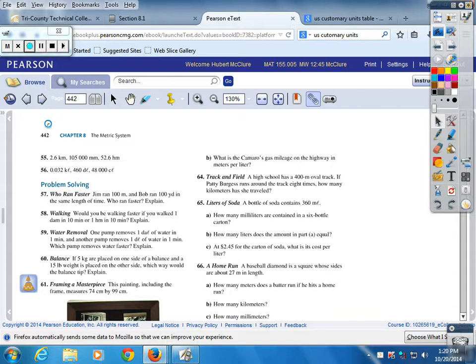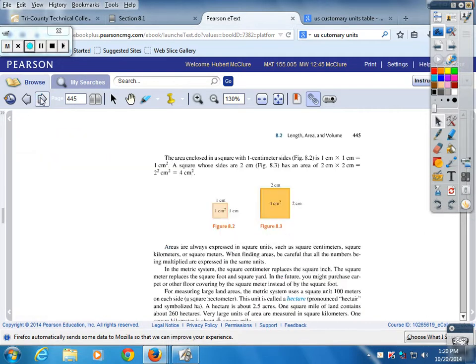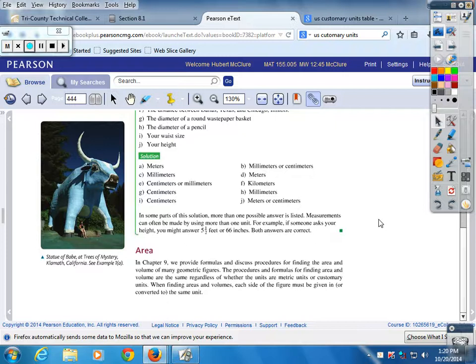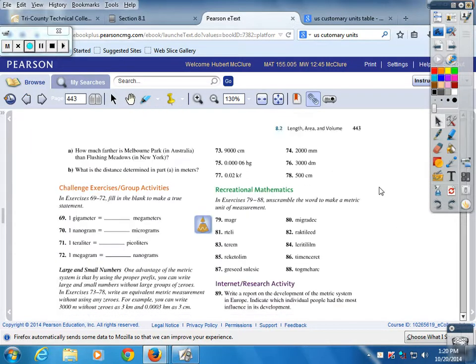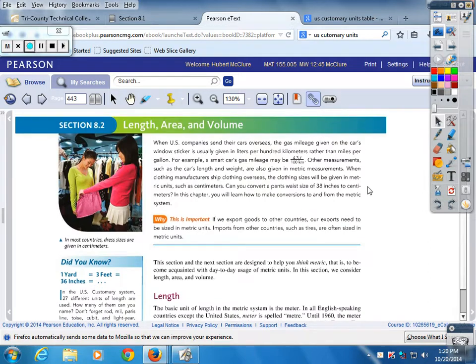I'm waiting for my page to turn. It's just not turning. There we go. Yeah, area and volume. I'm not gonna cover a lot of conversions with area. Length, area, and volume. This is 8.2.